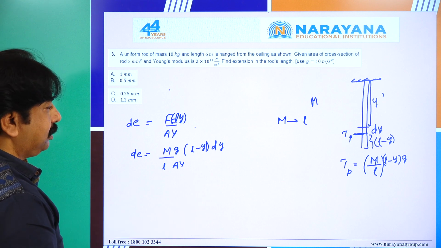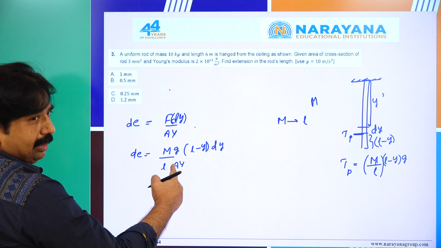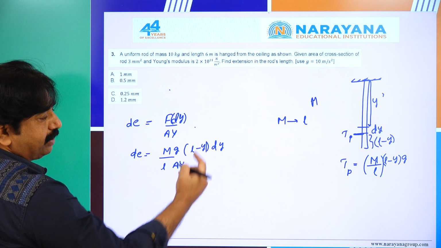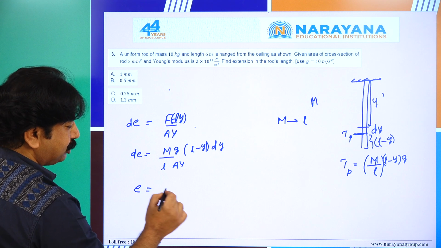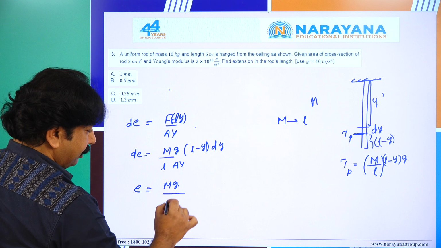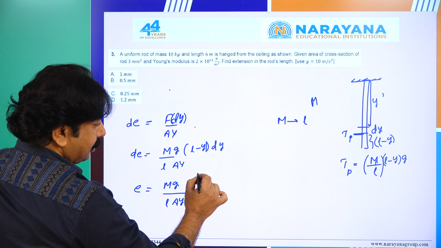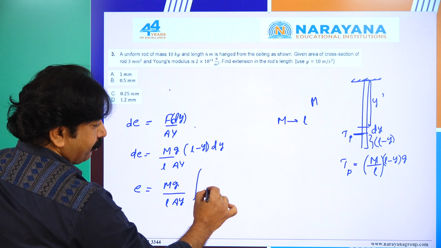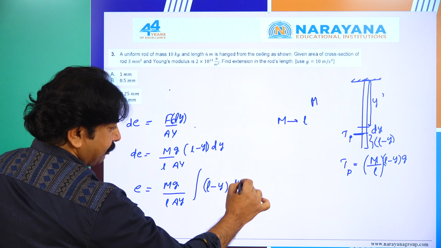So mg by L A y of (L minus y) into dy. The net elongation E should be equal to mg by L A y times the integration of (L minus y) dy.